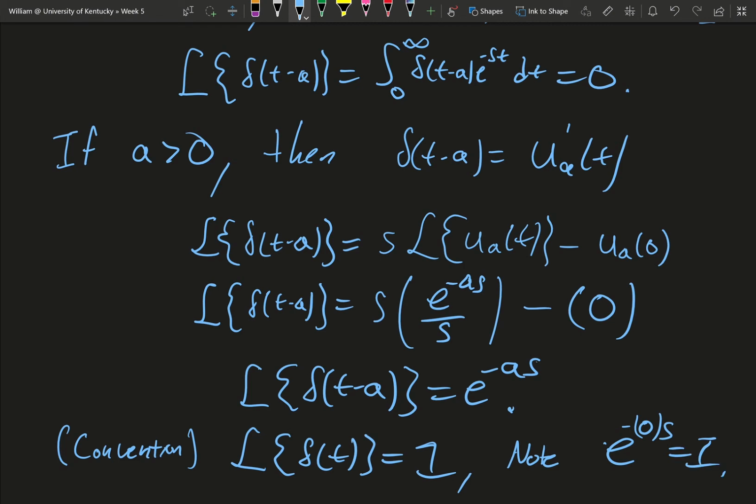So really, for the case where a equals 0, the same exact argument doesn't necessarily apply because of how we defined our Heaviside function. But I want to be consistent with the lecture notes and the homework. By convention, the Laplace transform of the delta function is just 1. Okay.